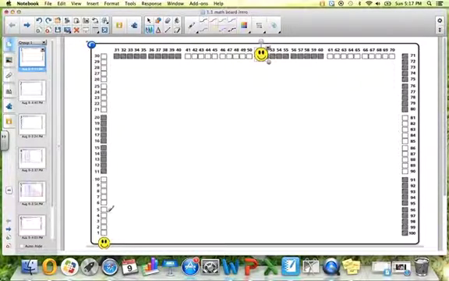So this is what we're going to do. We are going to circle all the groups of 5. So right here, here's 1, 2, 3, 4, 5. So I'm going to circle this group of 5. So there's one group of 5. Then I'm going to circle the next group of 5. So I circled 1 through 5 and 6 through 10.